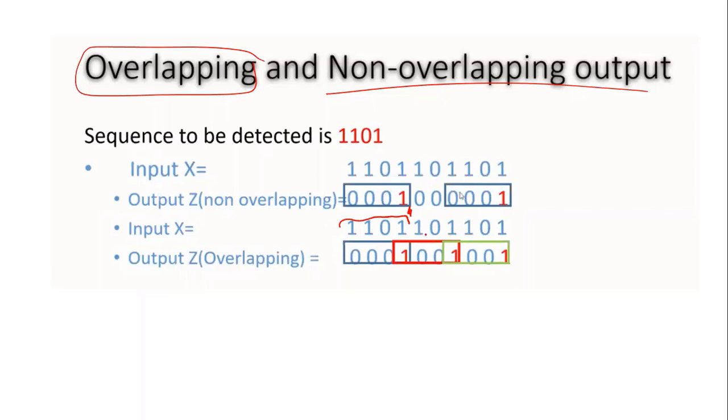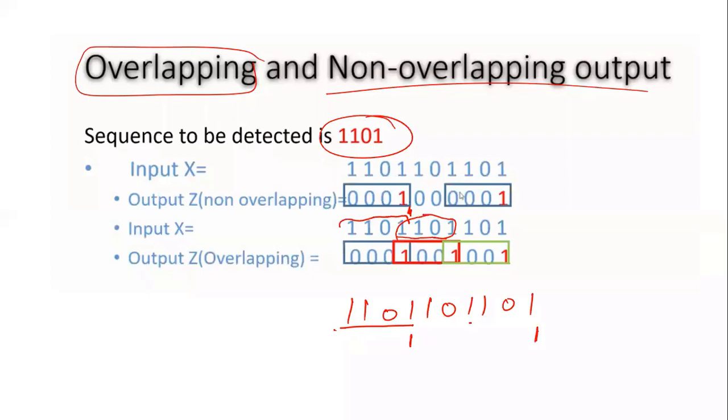Had I considered the last bit also, it could give me 1101, right? Got my point? 110, 110, 1101. If it is non-overlapping, I am looking for actually the 1101 pattern. Non-overlapping, here you will get 1. And definitely this you will not get. One more 1101, I will get 1 more here.